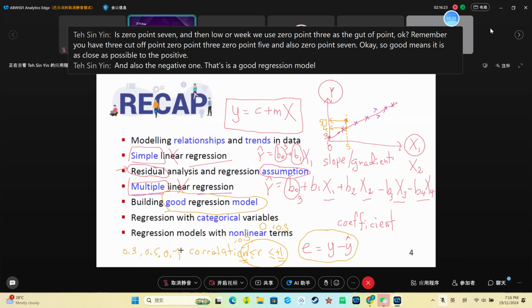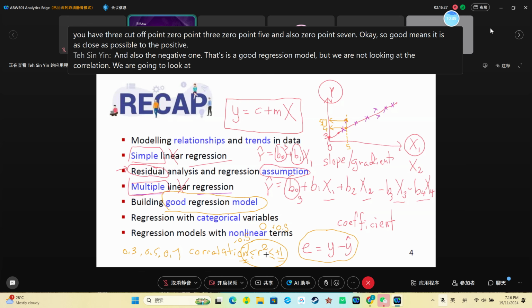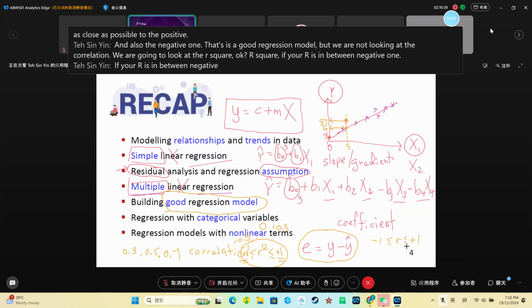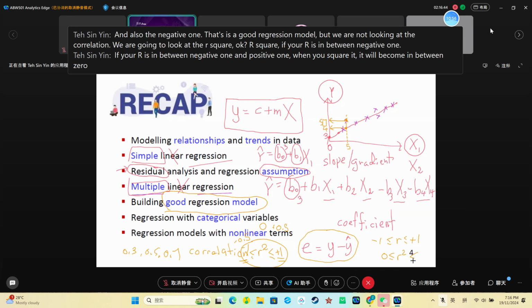But we are not looking at the correlation. We are going to look at the R square. If your R is in between negative 1 and positive 1, when you square it, it will be in between 0 and positive 1, because negative 1, when you square it, becomes positive.